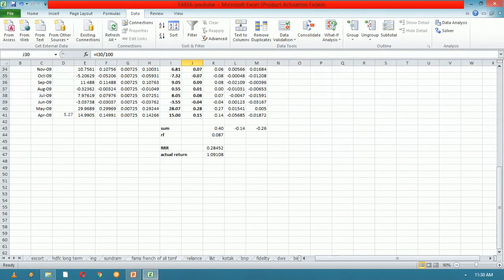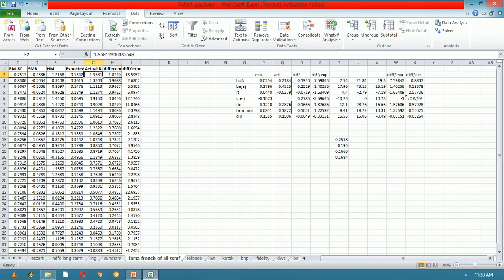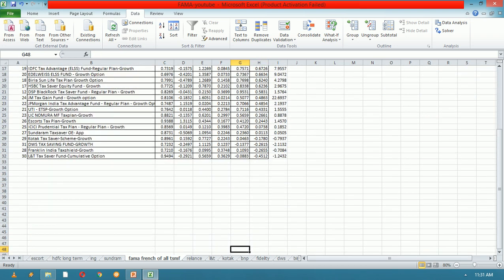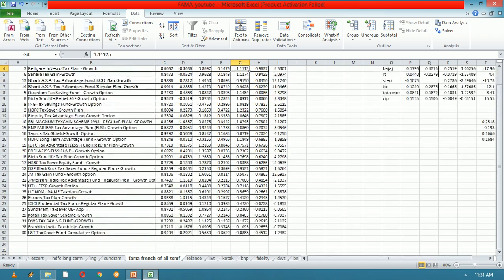And finally, it has been consolidated in one sheet. For example, Reliance: Rm minus Rf, SMB and HML, expected rate of return, actual rate of return and the differences. It has to be consolidated and made into one sheet.